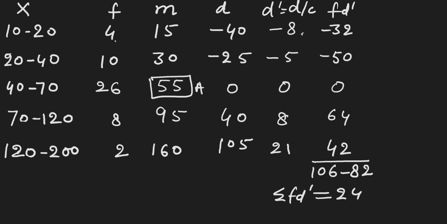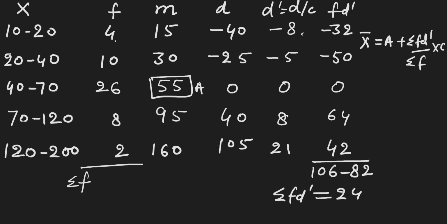Now we will write the formula. X bar is equal to A plus summation fd dash upon summation f into c. Here summation f will be 50. So A is 55, plus summation fd dash, which is 24, divided by summation f, which is 50, and the common factor is 5.